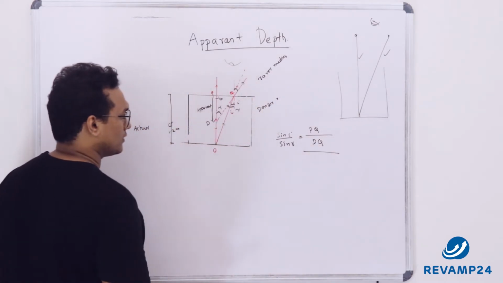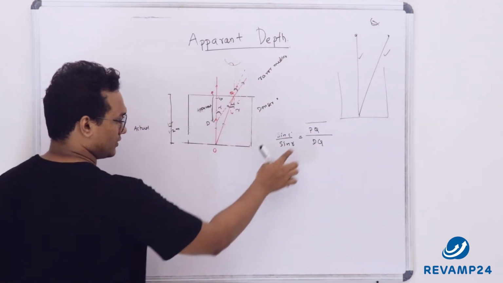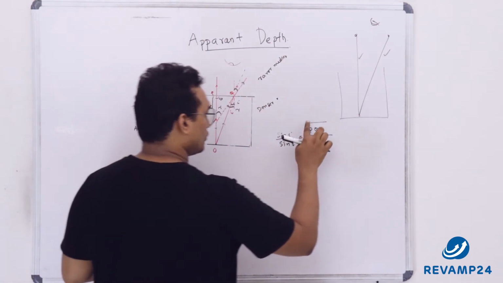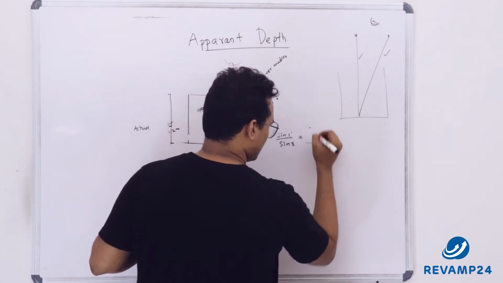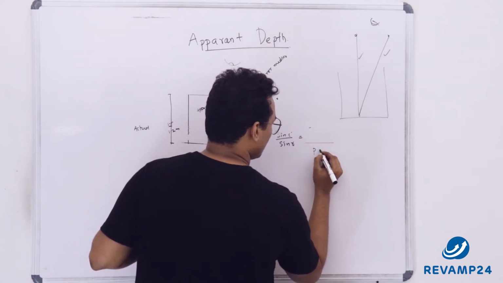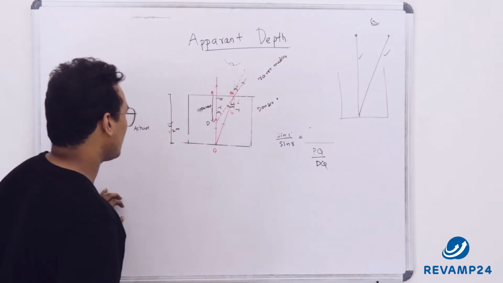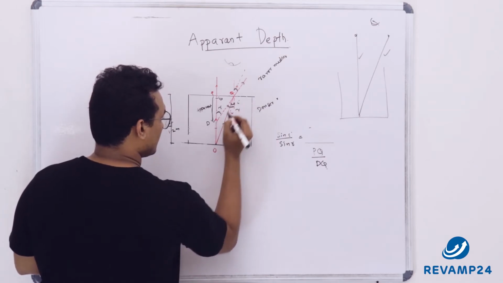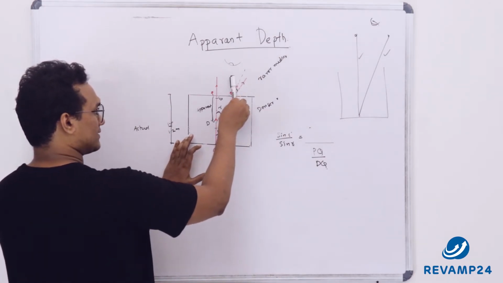This is sin R, right? We need sin I also. So this is sin R. Sin I would be, okay, so something divided by, and sin I from here, if this is I, this would also be I. Okay, two parallel lines.